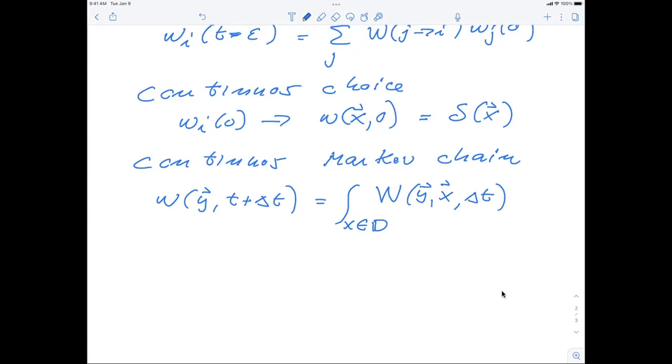And then we multiply this with a W of x of t, and this is finally multiplied with dx here. So this is an integral over all the positions which you could be in at a time t, and then you integrate this up with a weighted probability, and that gives you the new probability.